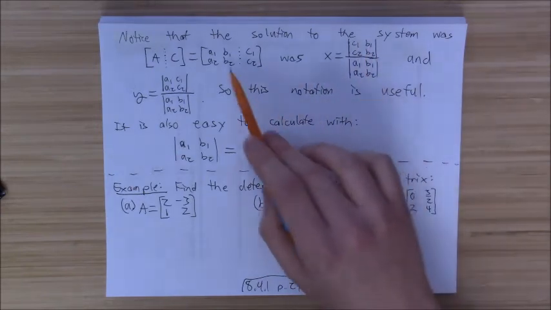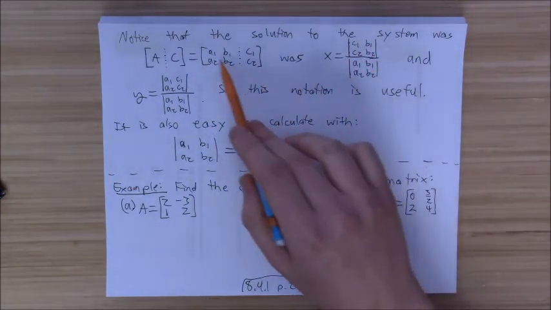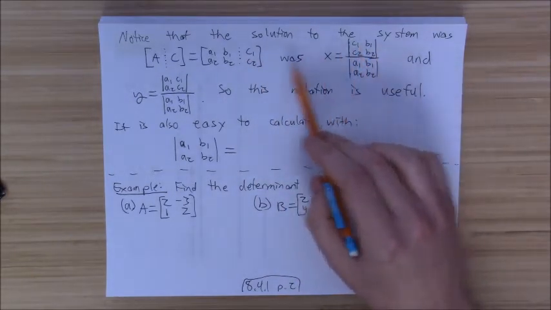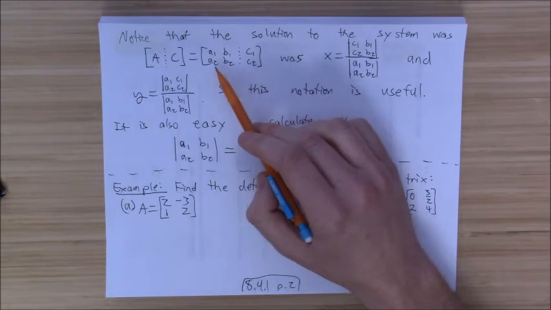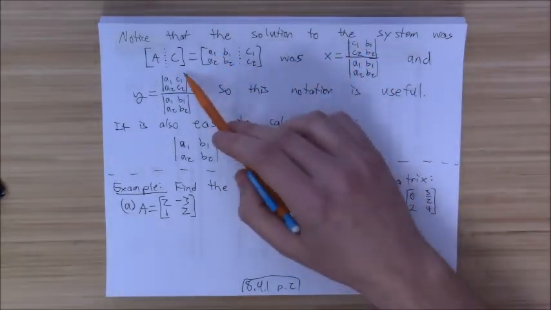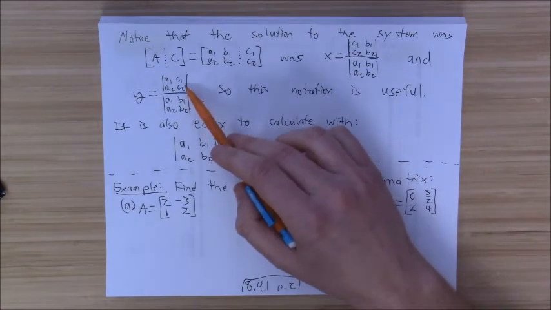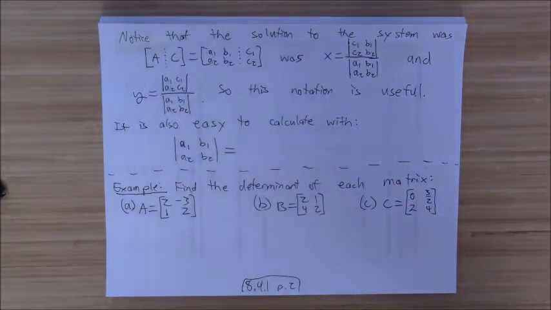Namely, we took the determinant of this top matrix, but we did it in a way where we replaced the column A1, A2 by C1, C2 for x. So we replaced the first column. We replace the second column with C1 and C2, and using the exact same thing otherwise, we get y. And so this notation is actually pretty useful for calculating with.